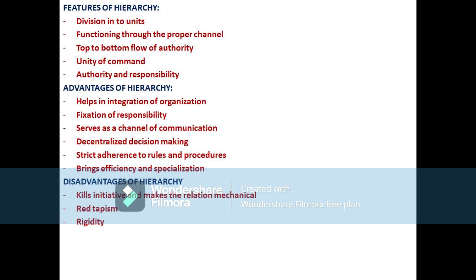Due to the scalar chain, through proper channel, there is a strict adherence to procedure, and short circuiting or ignoring of the intermediate links is avoided. There is a proper channel, and skipping is not possible here. Through each and every level of management, the responsibilities will be carried on, and each level is responsible for the work allotted.